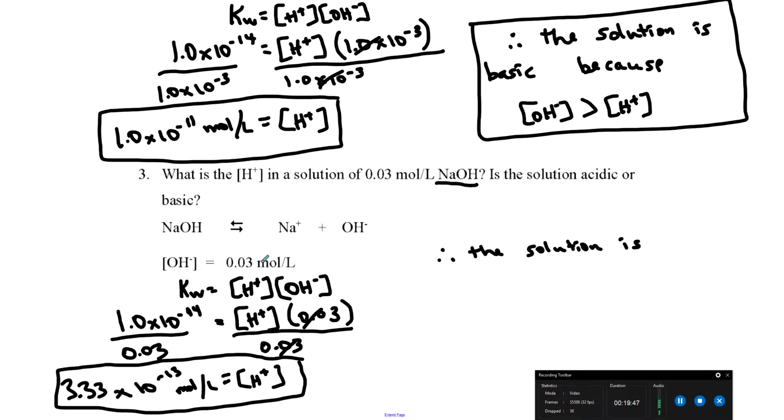So quite a significant difference in concentration here. So we're going to say this solution is basic because the OH negative concentration in this case is much larger than the H plus ion concentration.